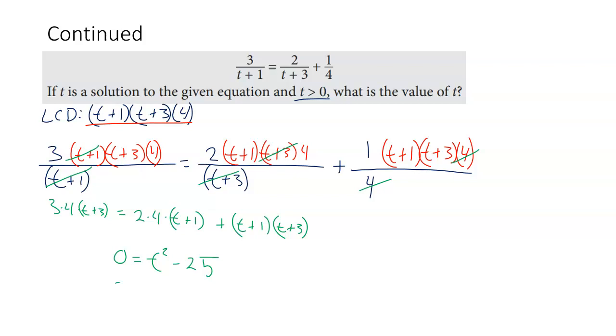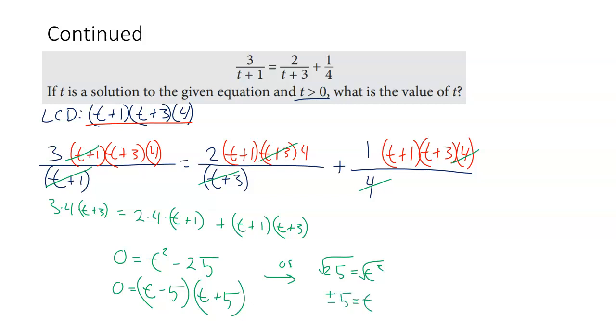You can either factor it, 0 equals t minus 5 times t plus 5, or 25 equals t squared. Just remember, when you square root, how many answers do we get? 2. Positive and negative 5.